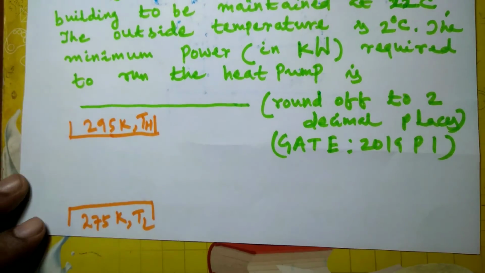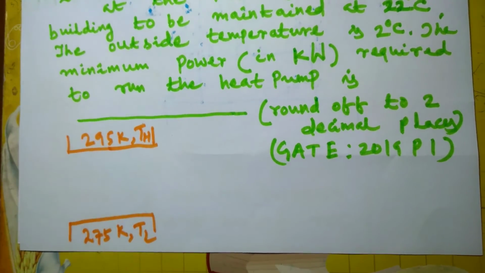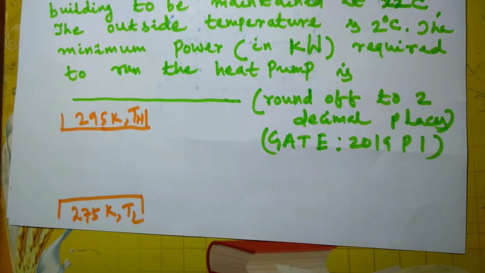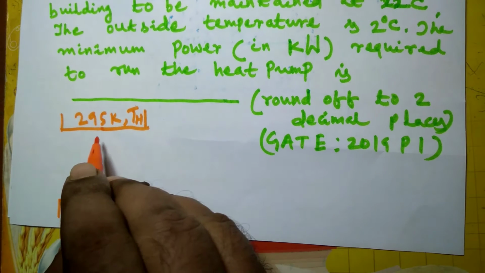In winter, when the outside temperature is quite low and you want to maintain the temperature of your room at a higher level, obviously since the temperature of the room is high, heat will always flow from your room to the surroundings. So to maintain the temperature at that level, you have to continuously supply heat to the room.